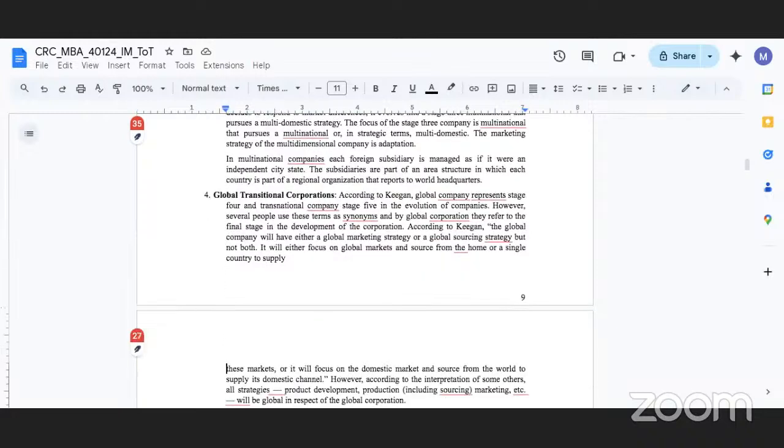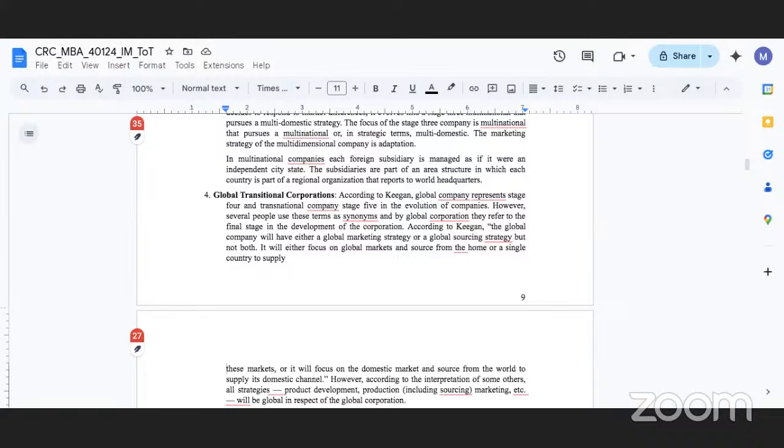Here, the strategy is focused on adaptation. I'm not truly creating any new products for the new markets. What I'm doing is taking my own product that is currently being sold locally and adapting it. I'm making some limited changes to the new market.